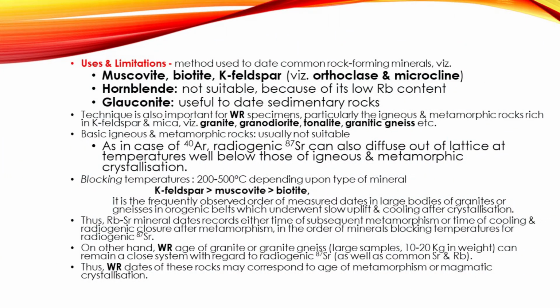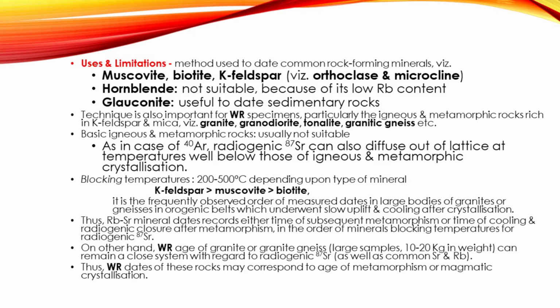Thus, the rubidium-strontium mineral dates record either the time of subsequent metamorphism or the time of cooling and radiogenic closure after metamorphism, in the order of the minerals' blocking temperatures for radiogenic strontium-87.